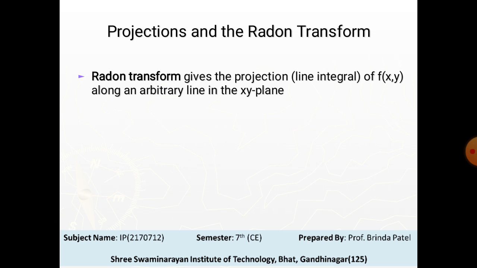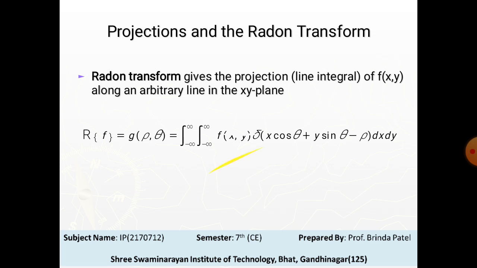Here we used the properties of the impulse delta. This equation, which gives the projection, the line integral of f of x,y along an arbitrary line in the xy plane, is the Radon transform we mentioned in the previous video.